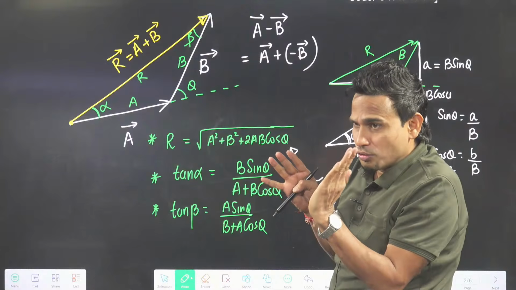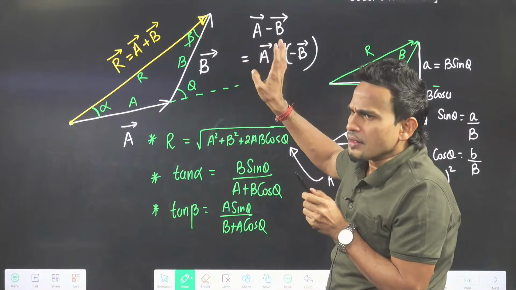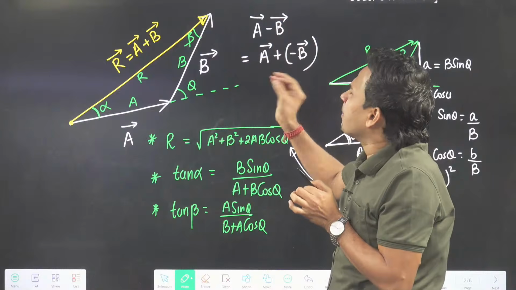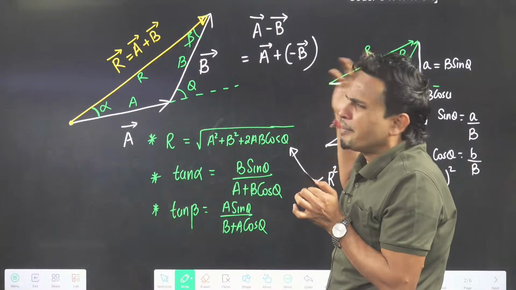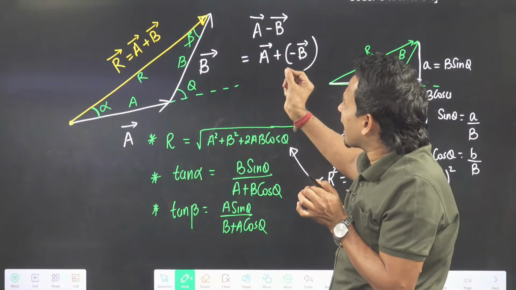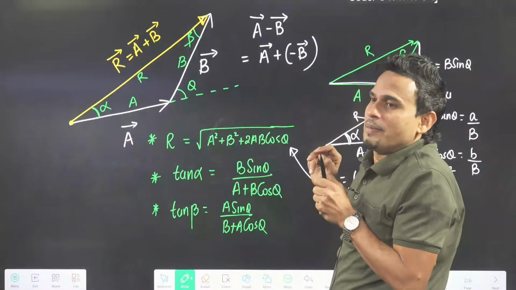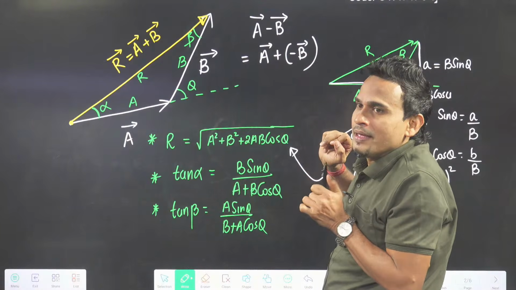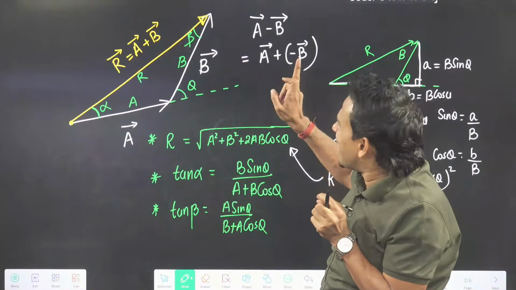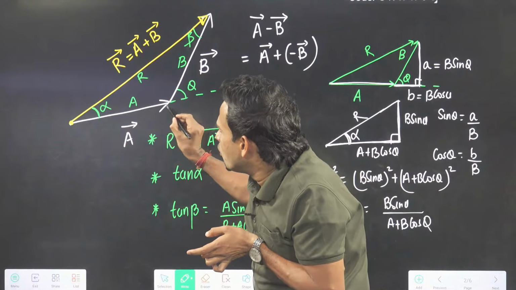For understanding, I am saying this. If anyone asks me what A bar minus B bar is, I'll simply say A bar minus B bar I can write as A bar plus of minus B bar, because subtraction means addition of a negative number. Now you have to add A bar with minus B bar.